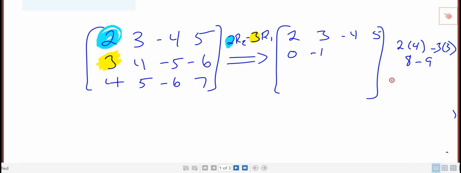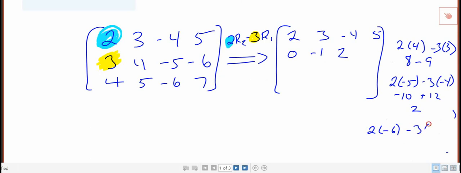And then I'm going to have 2 times negative 5 minus 3 times negative 4. So that's a negative 10 plus 12, which would be 2. And then 2 times negative 6 minus 3 times 5. Negative 12 minus 15 would be negative 27.